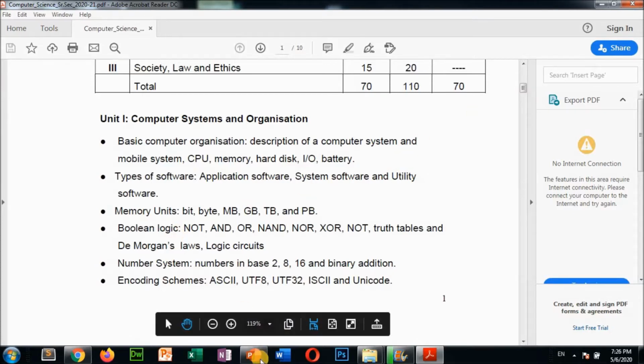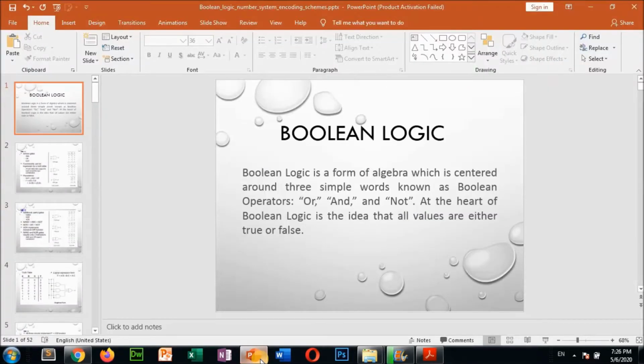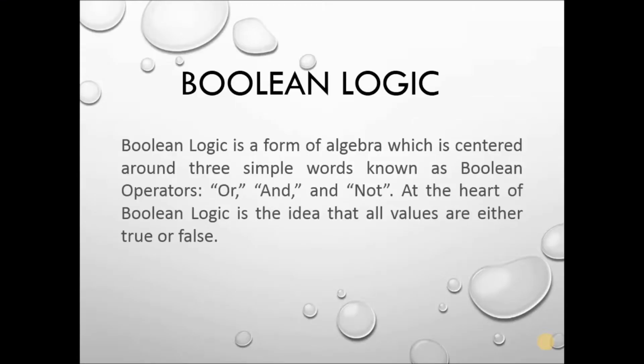Now for this I have prepared this PPT for you, Boolean logic. Now see, Boolean logic is a branch of algebra which is centered around three simple words known as Boolean operators: and, or, not. That means these are the logical operations.